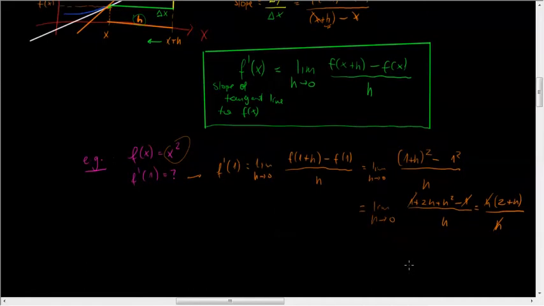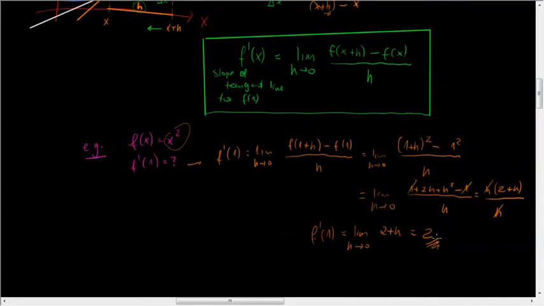And then we have that f prime of 1 equals the limit when h goes to 0 of 2 plus h, which is 2. And this tells us that the slope of the tangent line for this function when x equals 1 is 2.